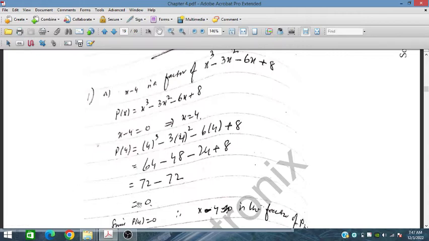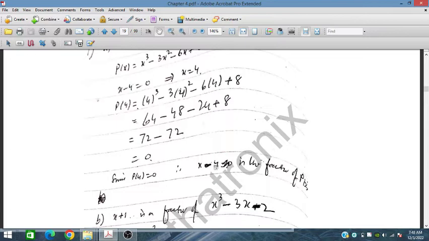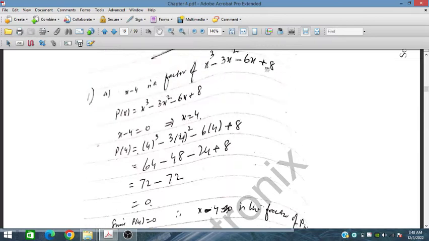If a remainder is 0, it means this is a factor of this. So we divide this polynomial by this, and the remainder is 0, then this is a factor of this polynomial. So P(4) is 0, so x minus 4 is a factor of this polynomial.